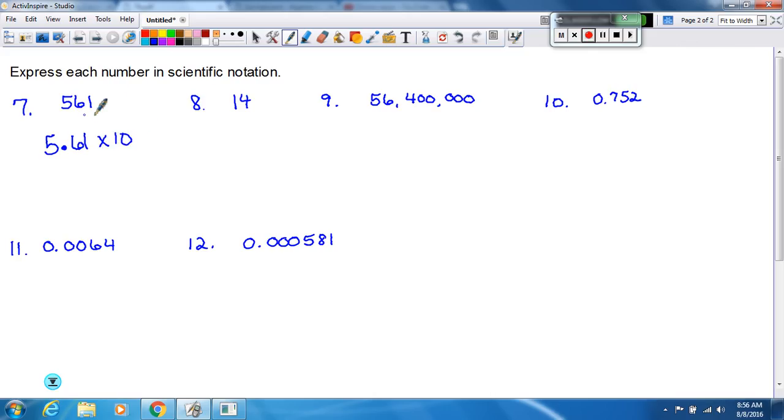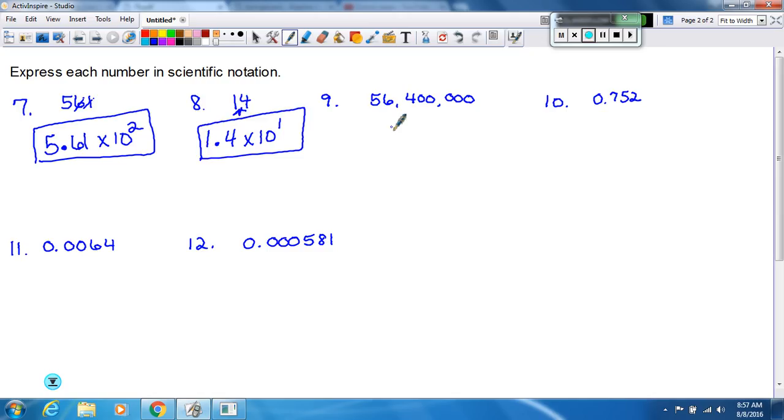Since it was a whole number, I mean it wasn't a really small decimal, it's going to be a positive exponent, and you just count how many numbers you have after your whole number there, so 2. So you're going to stick a decimal right there, and that's one number that you move the decimal.